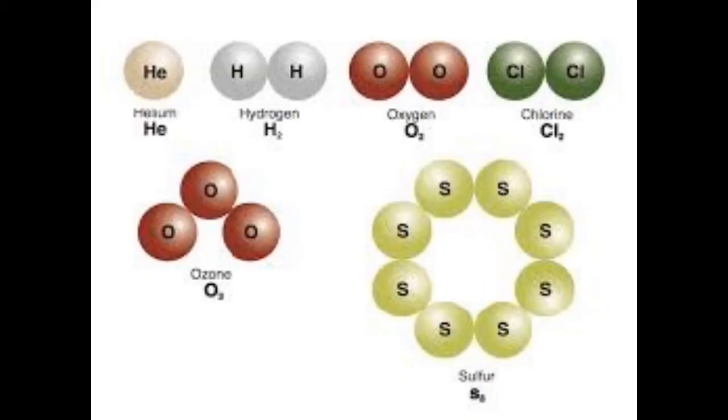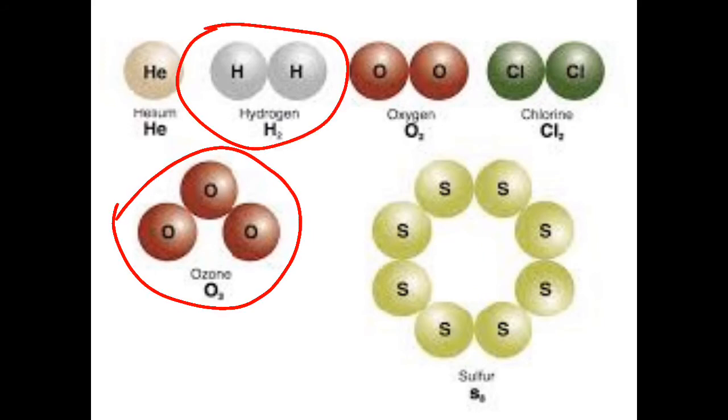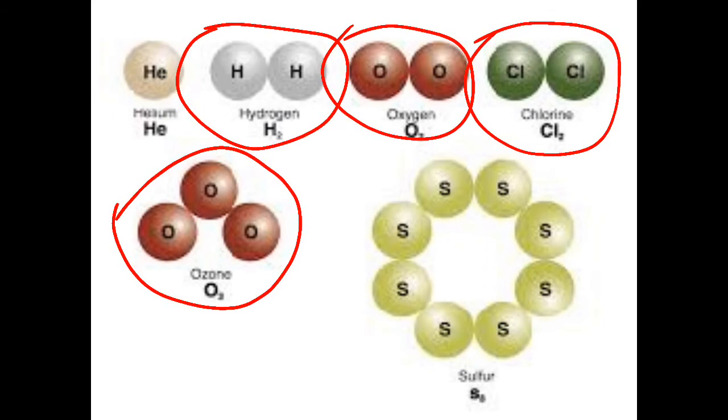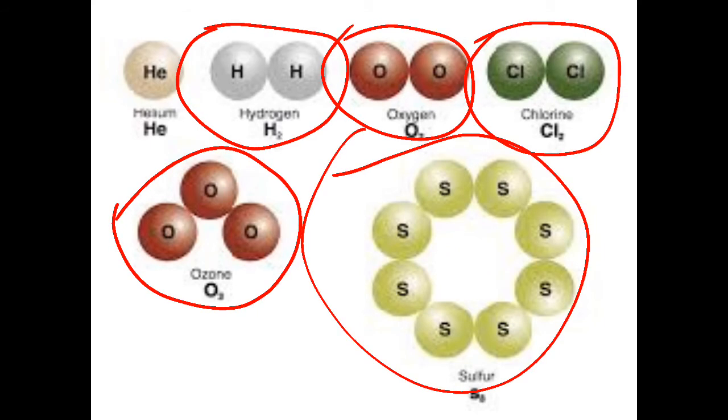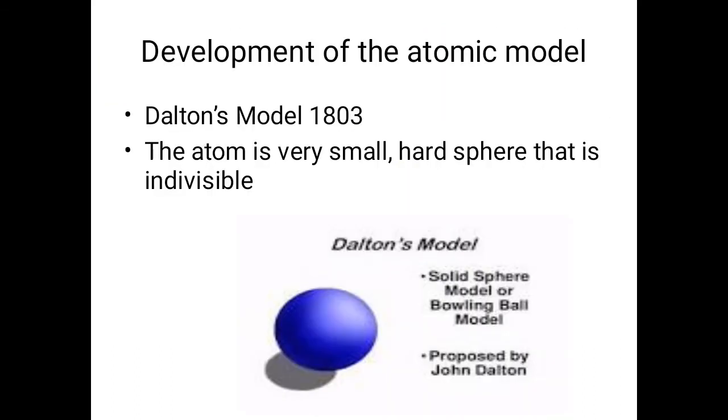Like here, the ozone, all atoms are same. Hydrogen, atoms are same. Oxygen, atoms are same. Chlorine, atoms are same. And sulfur, all sulfur atoms are making up the molecule. So here we see more about them.